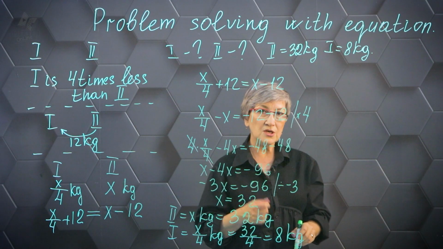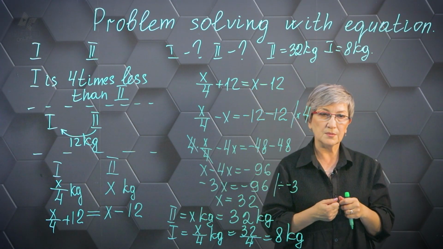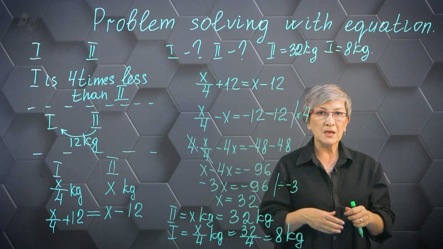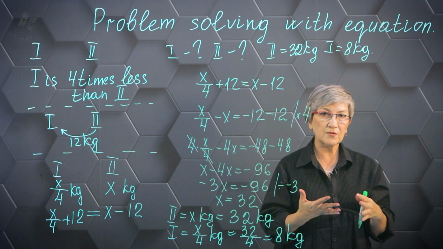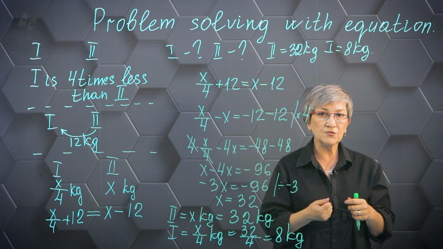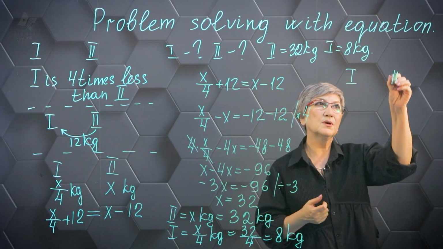But we can use a different method to solve this problem. We're going to use an equation again, but we'll write down the equation in a different form. So I'll write down again first box, second box.